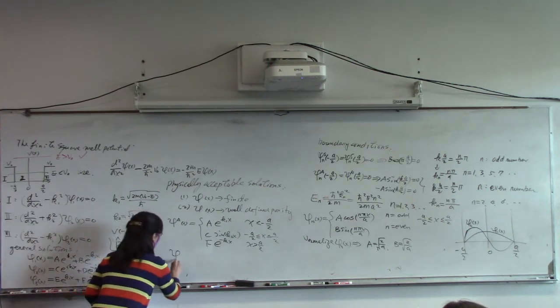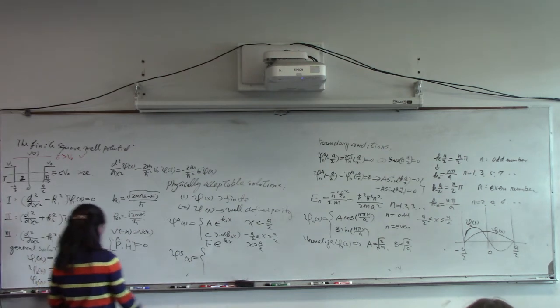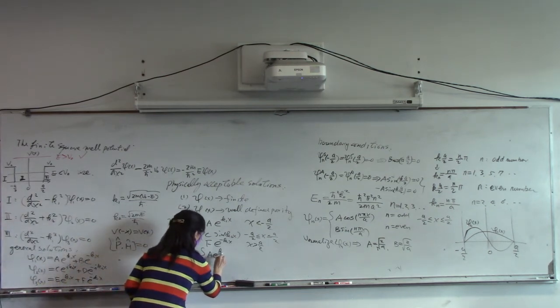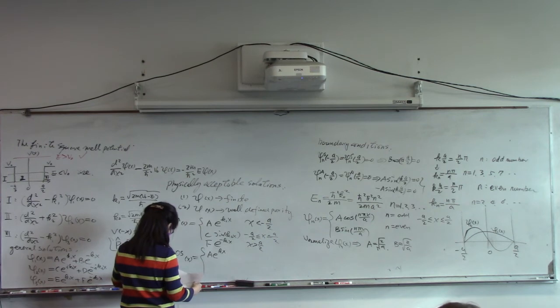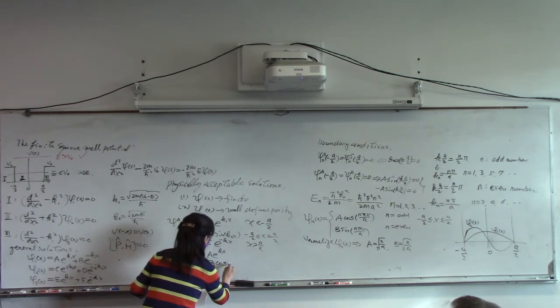And then for the symmetric case, first one, again we have to use A, right? Because only A. I use the same option. Okay, fine. And B cosine K2x.